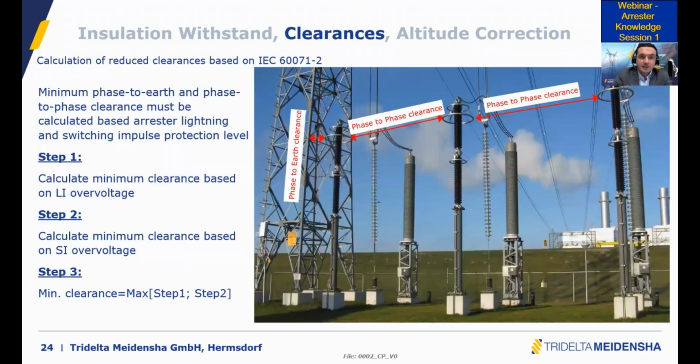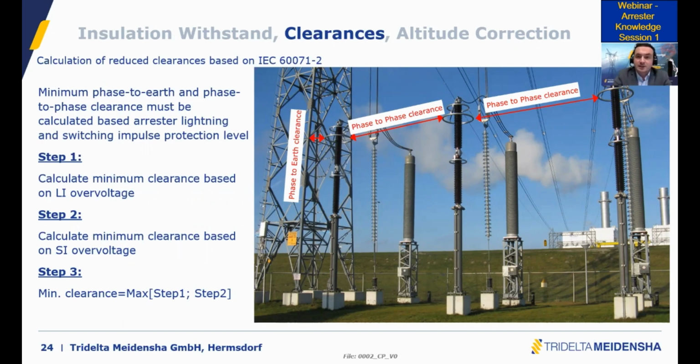So the process is quite simple. Step 1, we calculate the minimum clearance based on lightning impulse. Step 2, we calculate the minimum clearance based on switching impulses. And for the final definition, we are using the most restrictive one. This will depend, of course, on the system voltage.